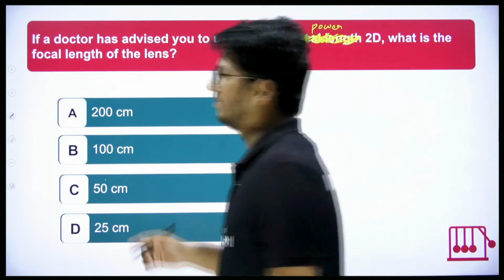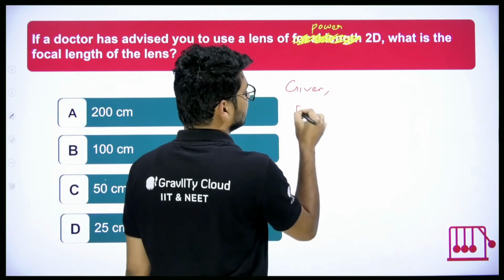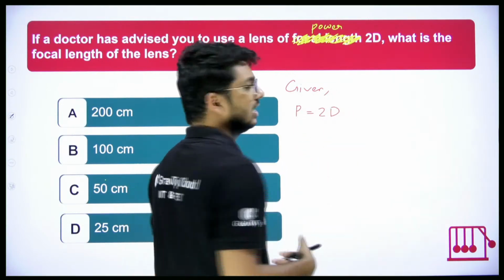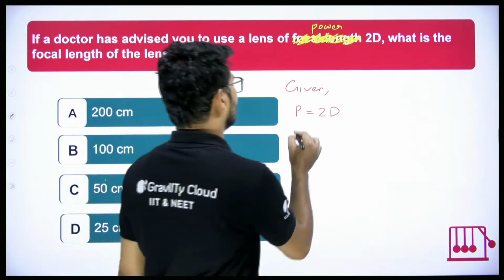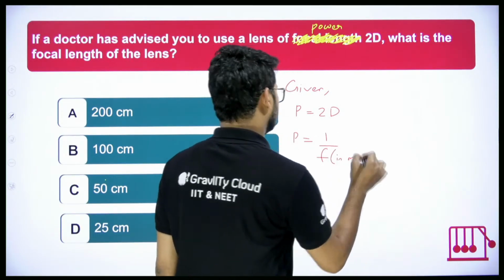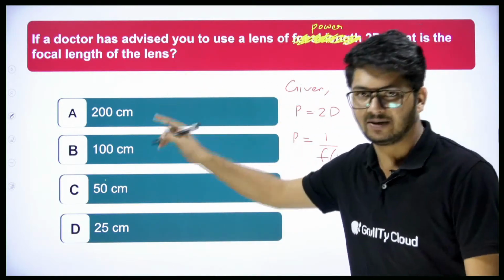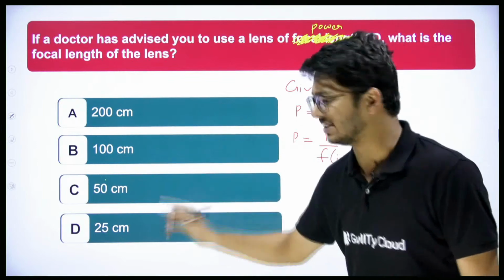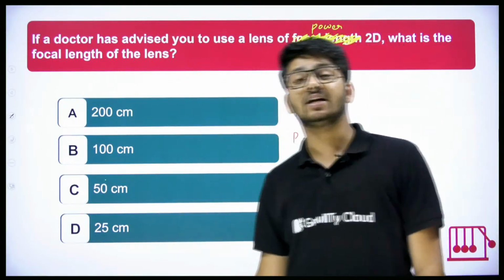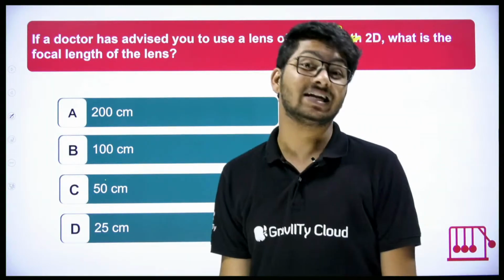So what is given here? A simple power is given. Given information: power is equal to 2 capital D, diopter. But what is power? Power is equal to 1 by focal length in meters. But if I look at the options, 200 centimeter, 100 centimeter, 50 centimeter and 25 centimeters, what is the unit of focal length?